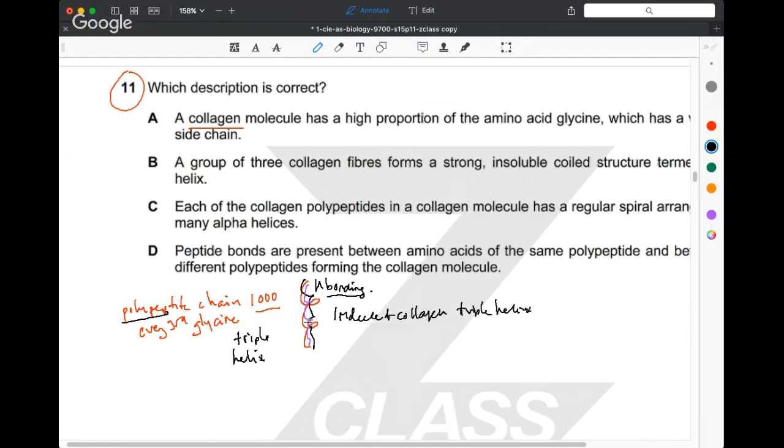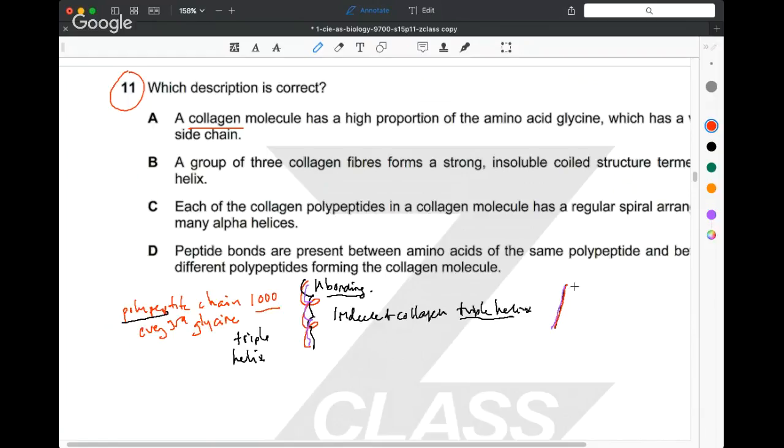Now, once you've got that triple helix built, you can then start to line up many triple helixes or helices next to each other. So if I use the colors here, you'd have that one. I'm just drawing them like this now. So that's one triple helix.